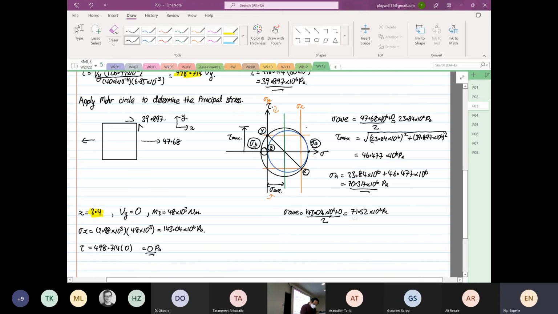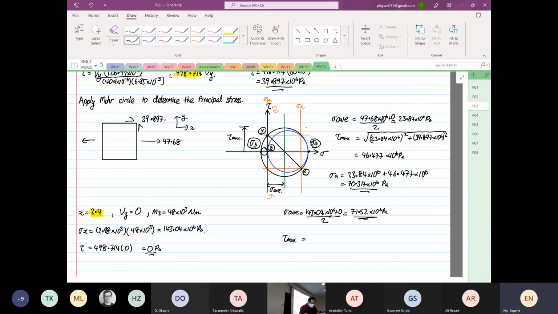So we have one value. So from here, our tau max is equal to also equal to 71 point what? Our tau max is equal to 71 point 5.2, 143.04.